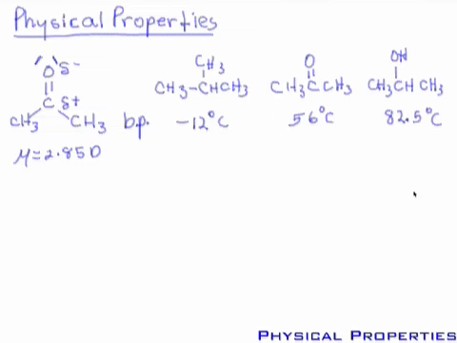Why the difference? Well, the isobutane, of course, only has van der Waals forces. The weakest intermolecular force, and as such has the lowest boiling point.